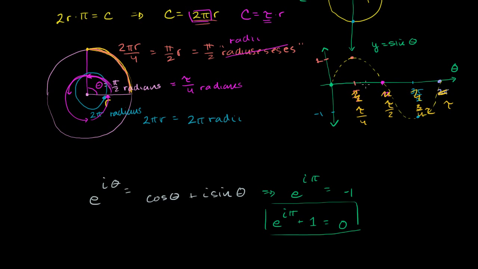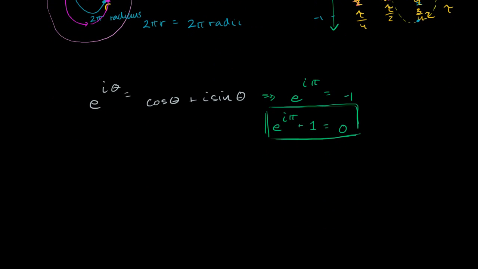And so the last thing that I think the strong pi defenders would say is, well, look, Sal, you just pointed out one of the most beautiful identities or formulas in mathematics. How does tau hold up to this? Well, let's just try it out and see what happens. So if we take e to the i tau, that will give us cosine of tau plus i sine of tau. And once again, let's just think about what this is.